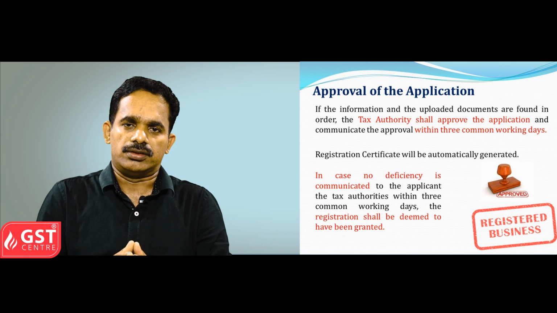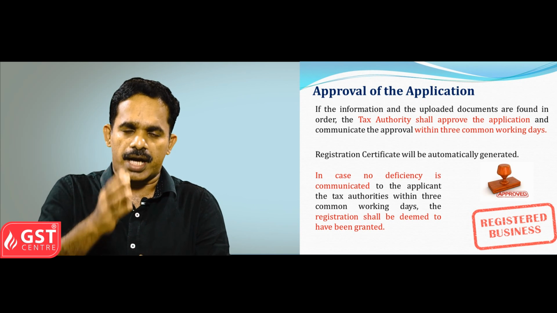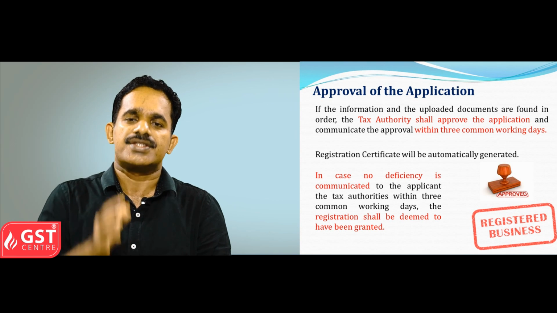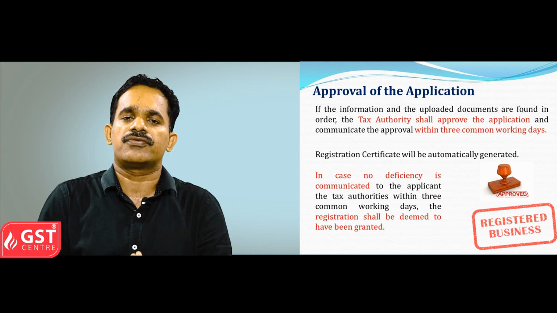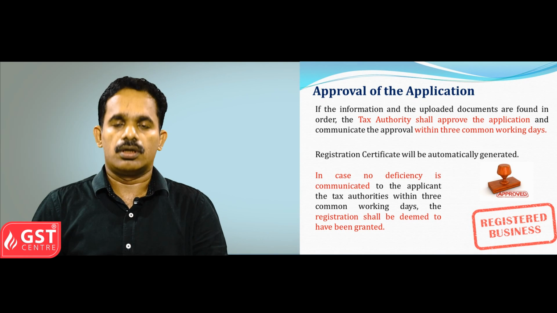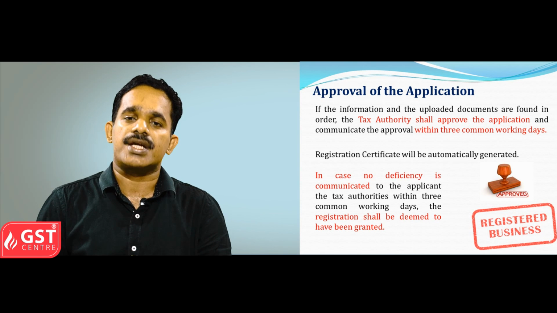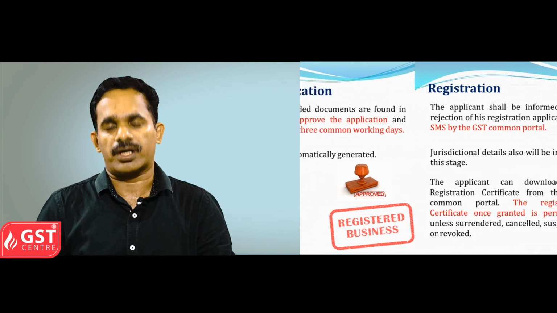On any failure, either regarding approval or rejection within 3 working days, it is deemed that the registration certificate is issued. The common portal will automatically issue the registration certificate after 3 working days.